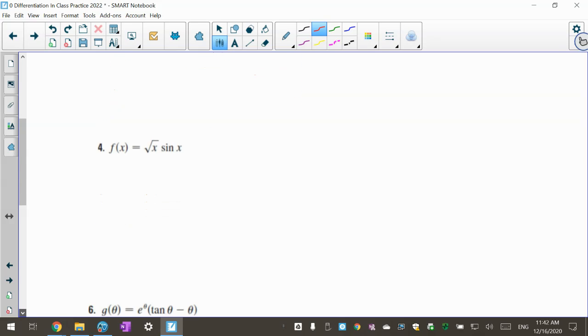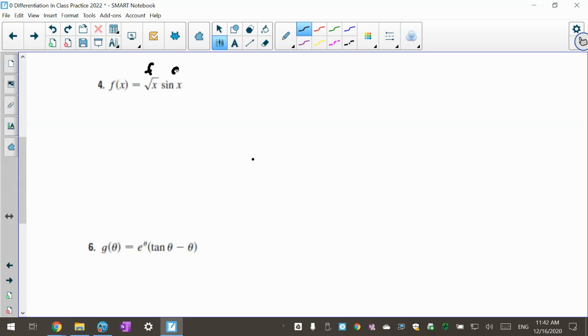Okay, so I look at number 4, and I see that number 4 is a product. Now remember, using the product rule is not a derivative, it's a method to actually do the derivative of a product of two different functions. So my f function is a power function and my g function is a trig function.